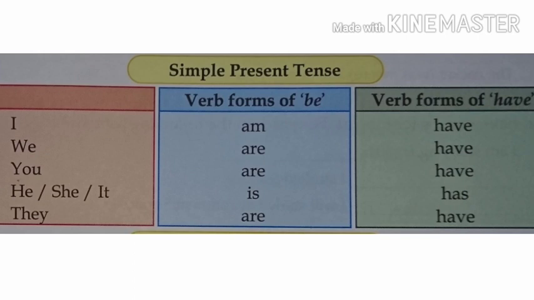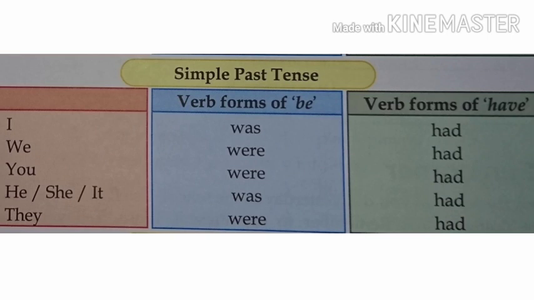Now let's see how we write the verb forms of be and the verb forms of have in the simple past tense with these pronouns. Look at the table. With the pronoun I, the verb form of be used is was, and the verb form of have is had. Had is the past tense of have, and was is the past tense of am.